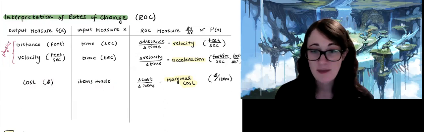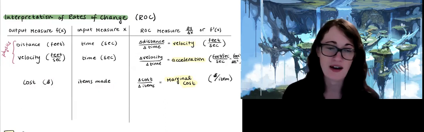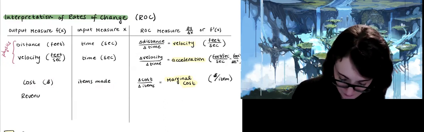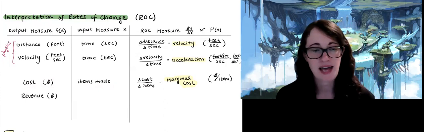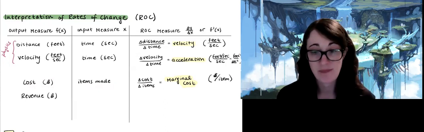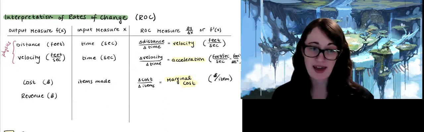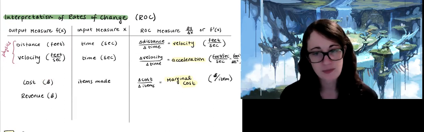We can also talk about revenue and how the revenue changes depending on the items that you are, in this case, selling. So revenue, remember, is the money that the producer makes. So if you have a shop, cost is what you pay to make your items. Your revenue is what you get from the customers.